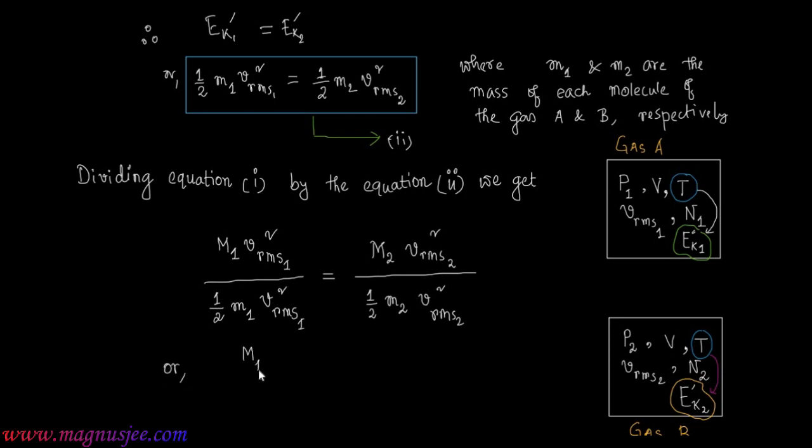By simplifying, we get capital M1 by small m1 will be equal to capital M2 by small m2.